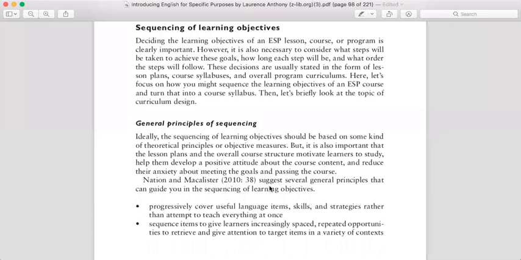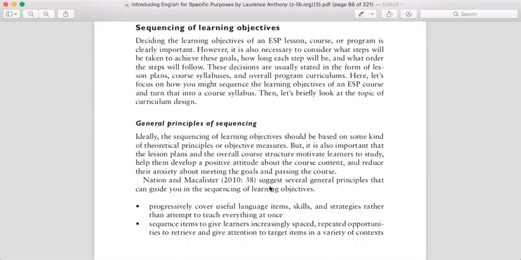As I told you, these are principles, options, suggestions, whatever you want to make out of it. So you can sequence your objectives progressively, right? Now, what do you mean by progressive? Progressive means a movement from general, basic to more specific, from simple to complex. Whatever your understanding of the word progressive, you can design it in that way.